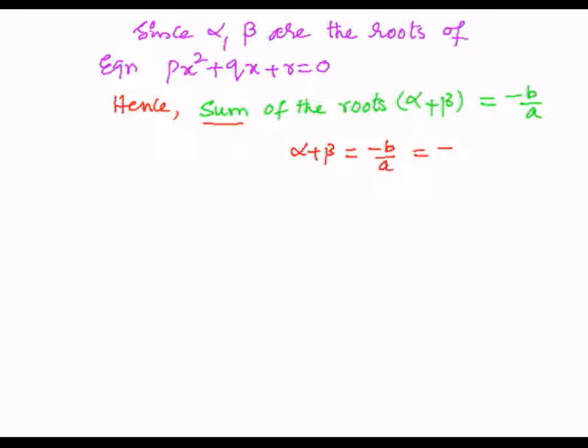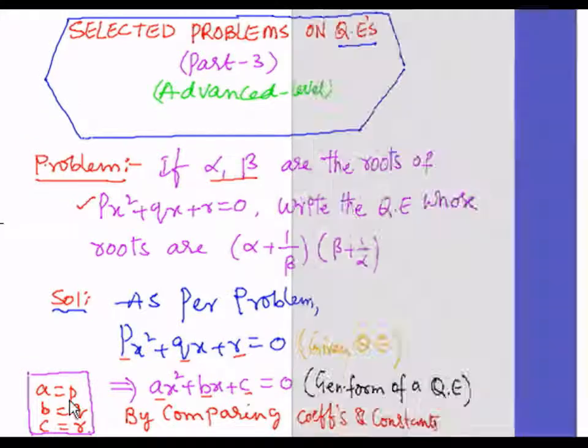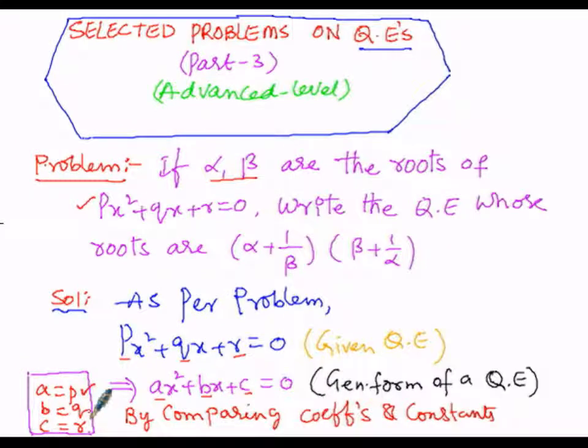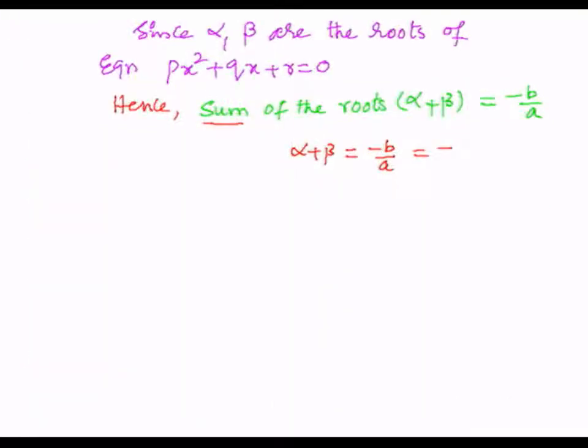So here a is p, b is q and c is r. Let us replace a by p, b by q and c by r.